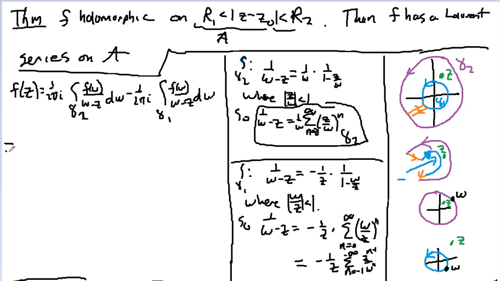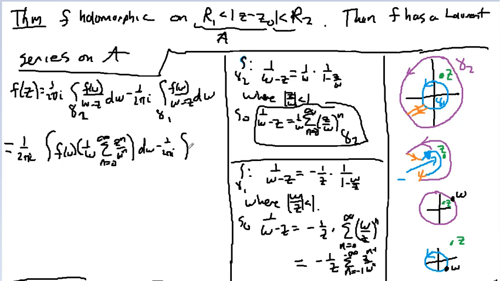So f of z, in other words, at this green point z, is equal to this integral, 1 over 2 pi i, times the integral of f of w times, for gamma 2, the denominator ends up being 1 over w times the sum from n equals 0 to infinity of z to the n over w to the n, dw, minus 1 over 2 pi i times the integral, again, of f of w times minus 1 over z times z to the n over w to the n.